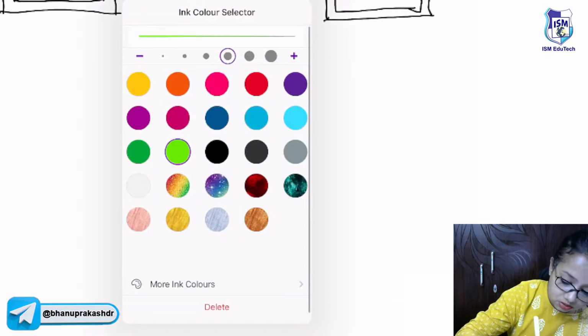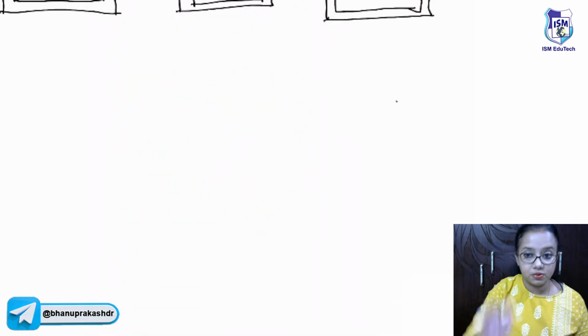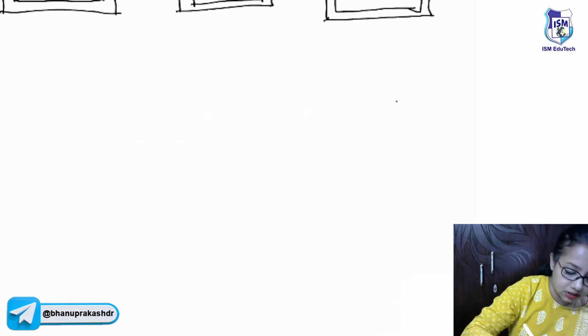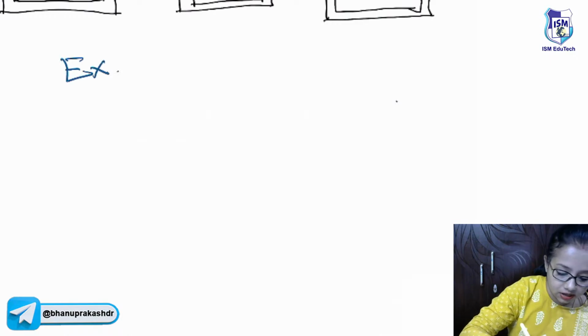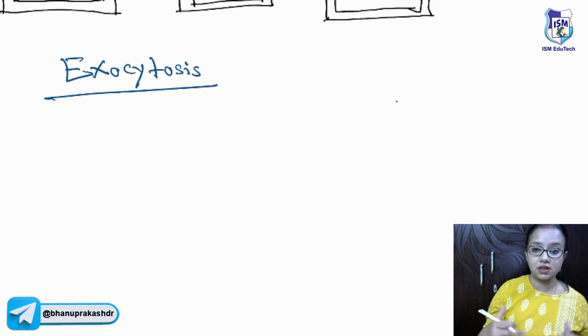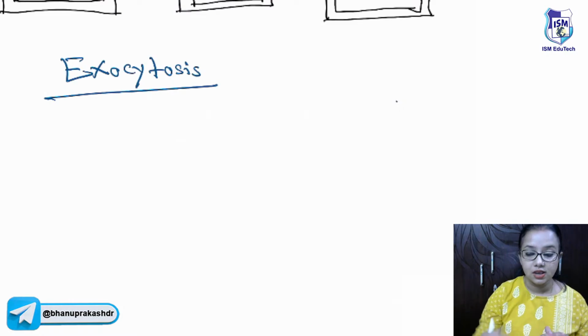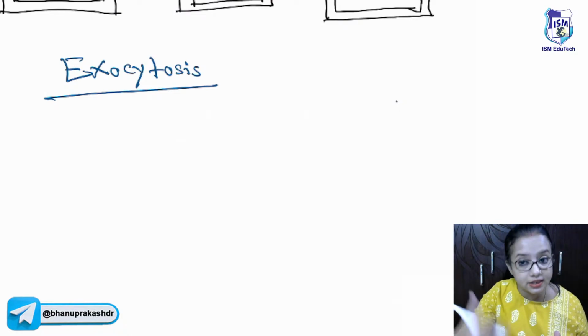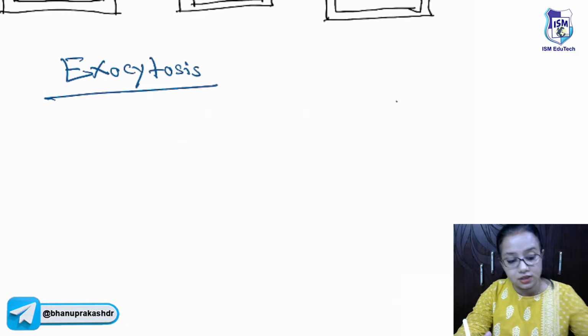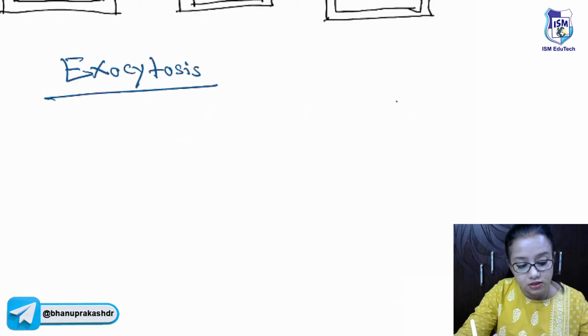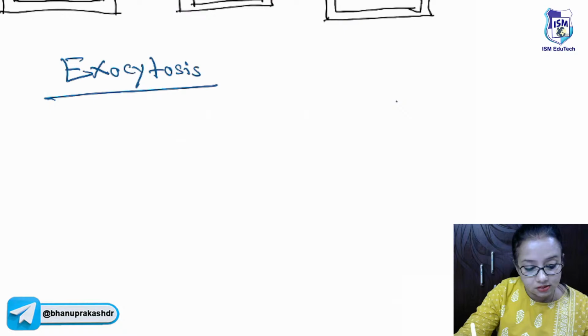Another process which is a type of vesicular transport is exocytosis. By the name itself, we can understand exocytosis. It is just the opposite of endocytosis. In endocytosis, the molecules entered the cell. In exocytosis, the molecule will actually leave the cell.